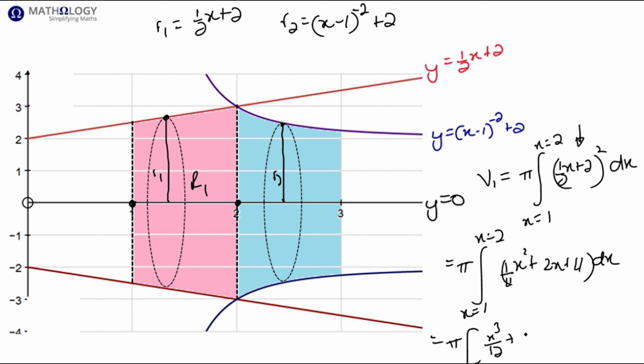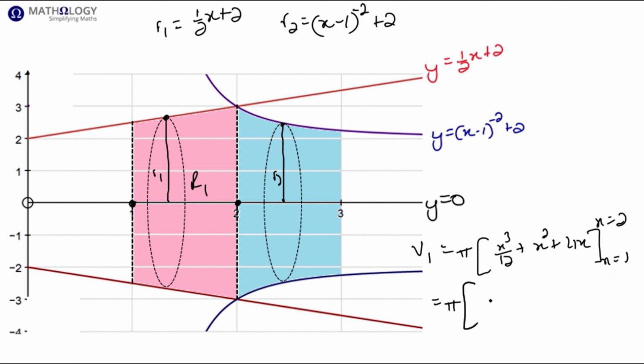The integral of 2x will be x squared, and the integral of 4 will be 4x. That's evaluated between x equals 1 and x equals 2. So the volume of the first region will be 91 pi by 12.